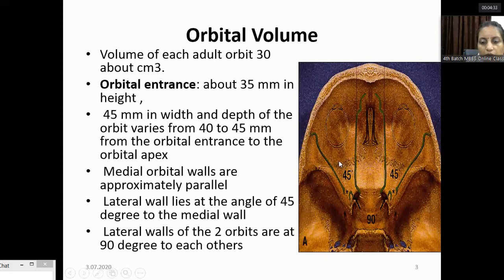These are important for the movement of the extraocular muscles. The medial orbital walls are approximately parallel and the lateral wall lies at an angle of 45 degrees to the medial wall, so the lateral walls of the two orbits are at 90 degrees to each other.